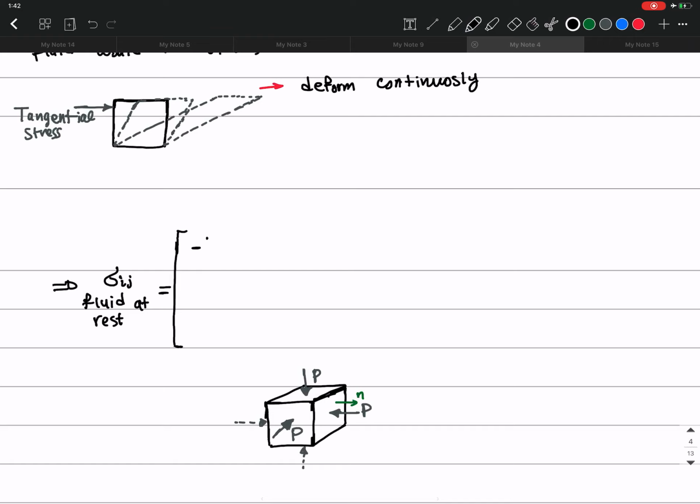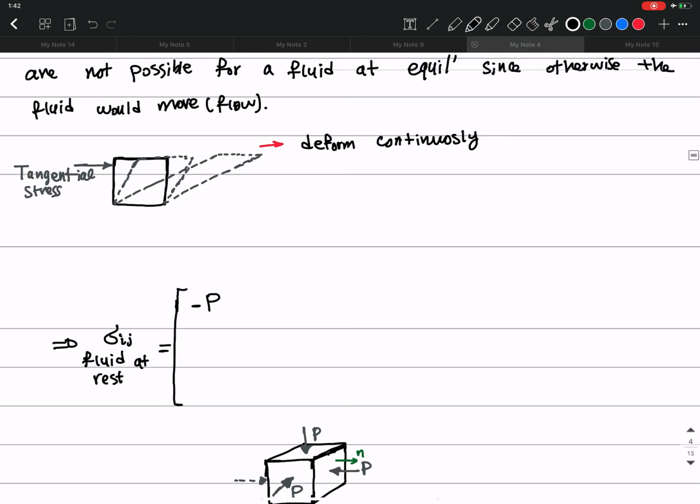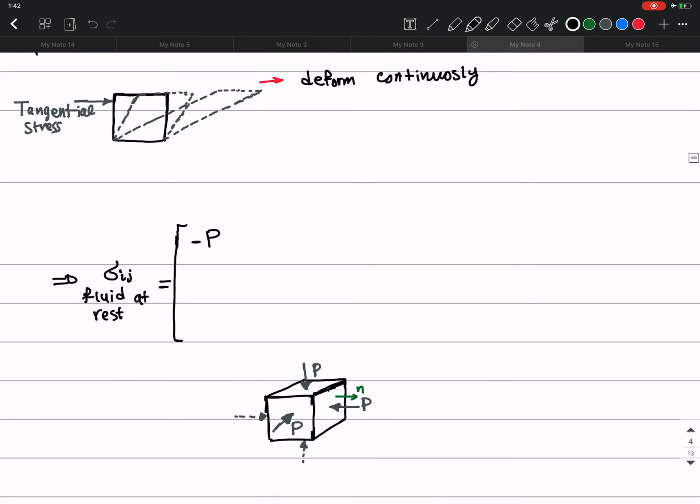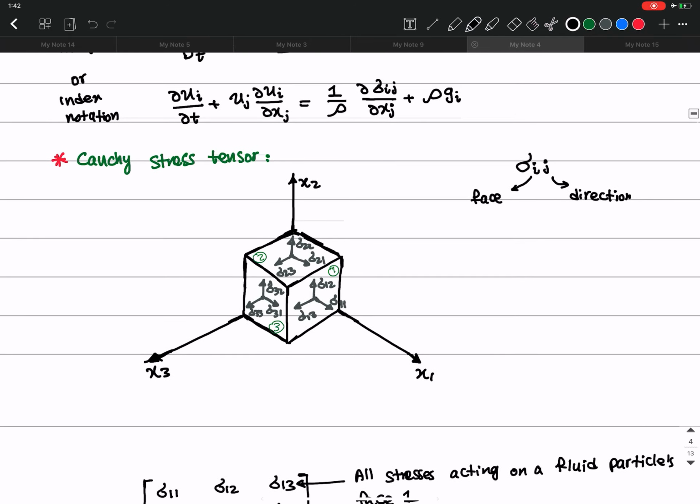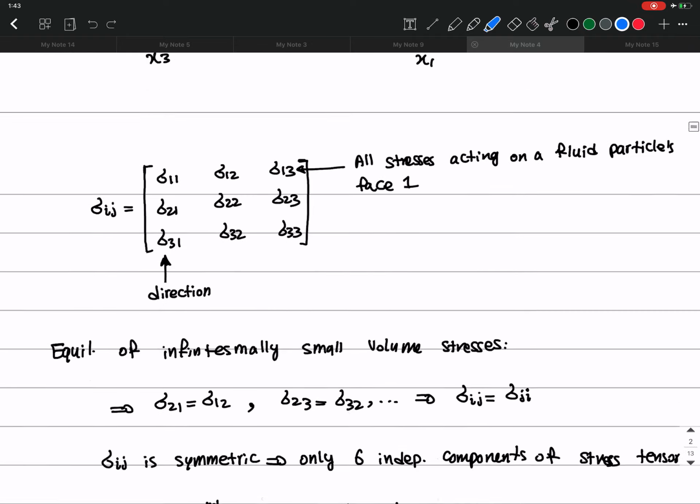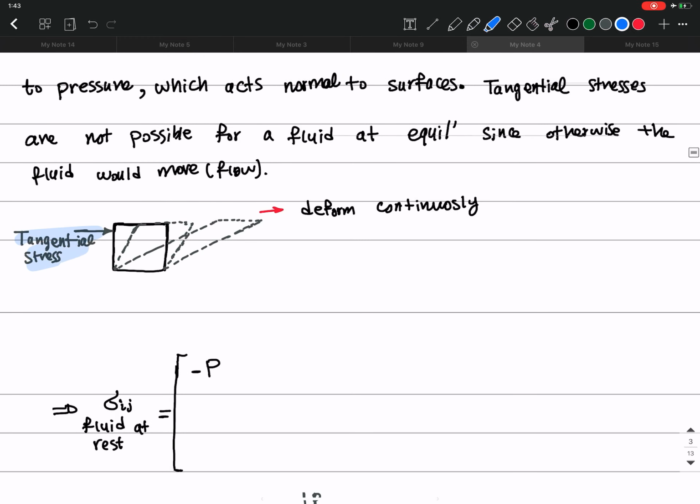So the sign of it is going to be minus P. And then for the other tangential stresses, like sigma 1,2, sigma 1,3, sigma 2,1, all the tangential stresses like this, as we showed here, do not exist for a fluid at rest, for a fluid that is at equilibrium, because they cause it to move.